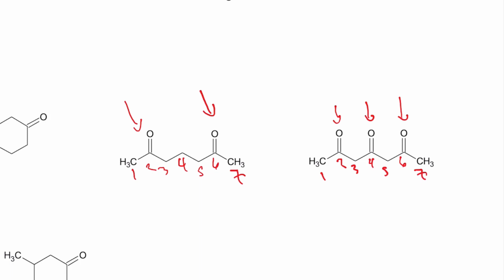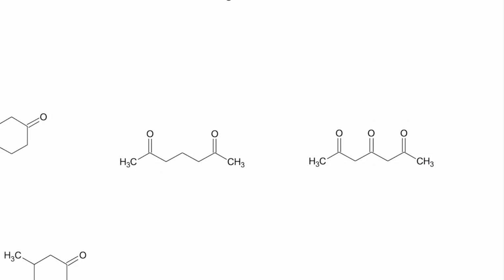Note that I could actually have the ketones in the 2 and 5 position, I could have it in the 2 and 4. So again, it's really necessary to indicate where these ketones are, keeping track of what carbon they're associated with, since they're not on terminal carbons like an aldehyde or a carboxylic acid.